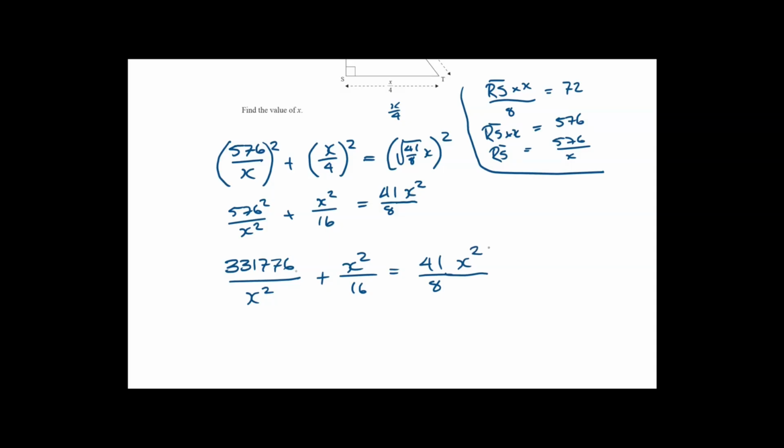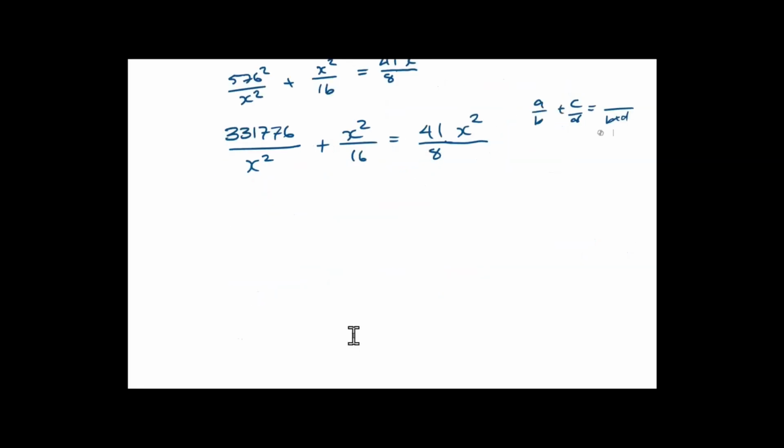We need to cross multiply, we need to use fractions, but I'm going to get rid of the 16x squared, because remember when we have a over b plus c over d, it's b times d at the bottom. So I'm going to multiply each term by 16x squared to get rid of it. We can do that as long as we do it to both sides.